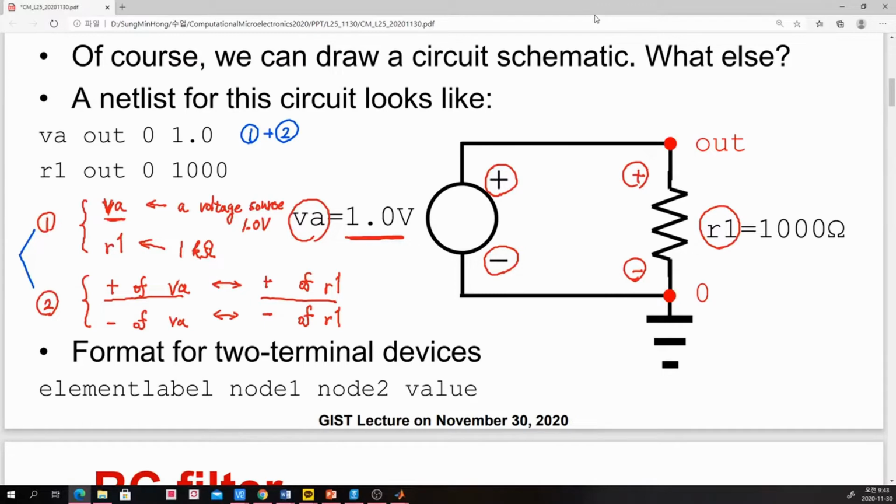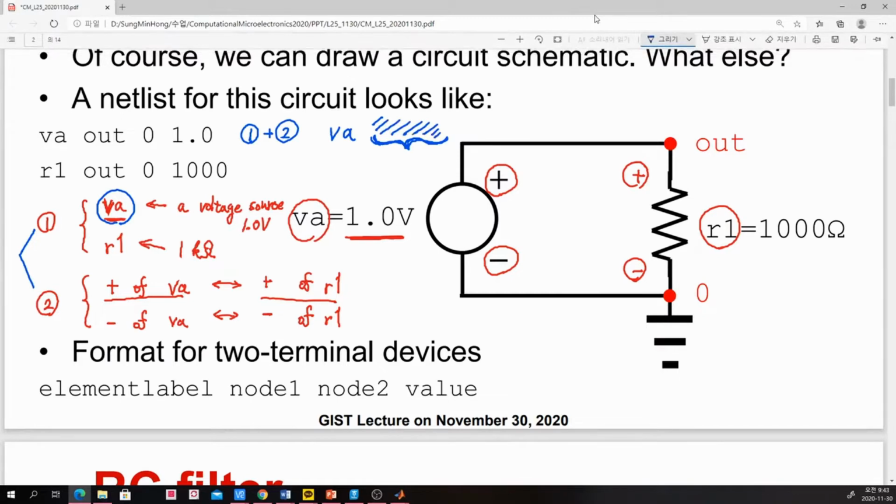Then how can we merge those two files into one? So, for example, in the case of VA, I just say that VA is a voltage source, and the description following this voltage source goes here.